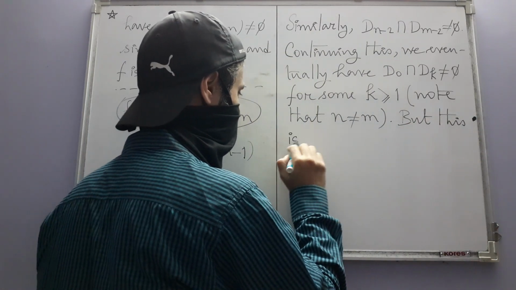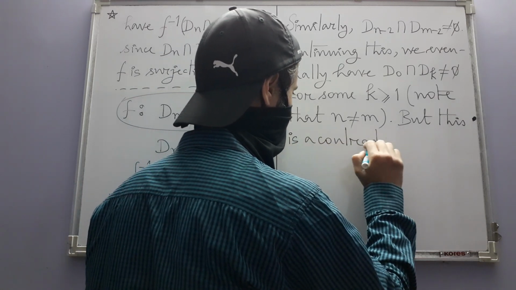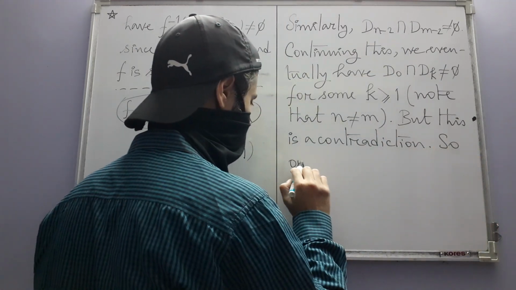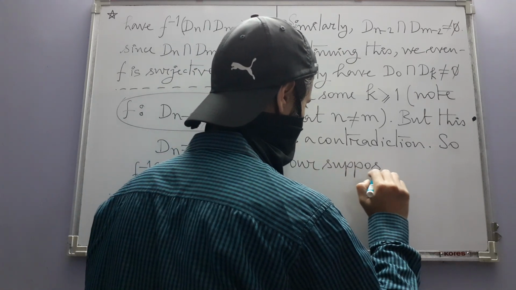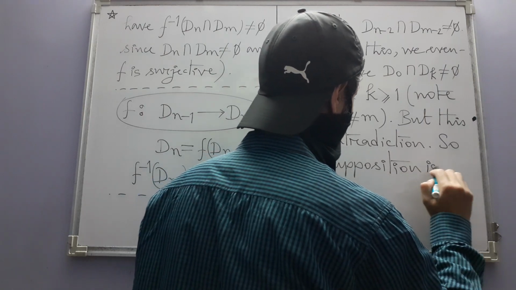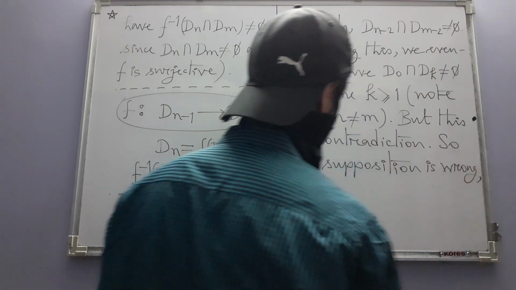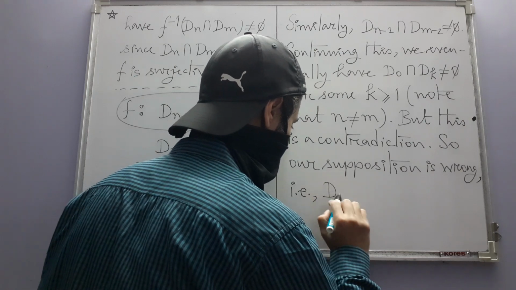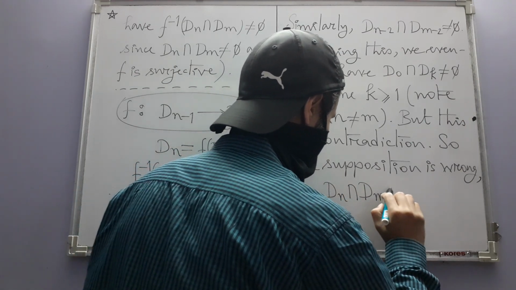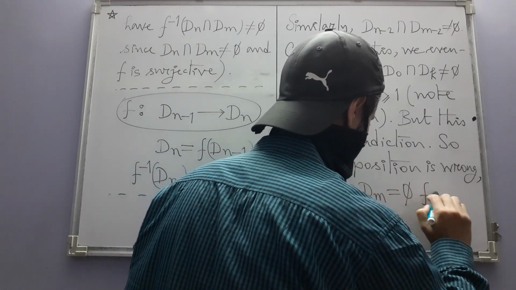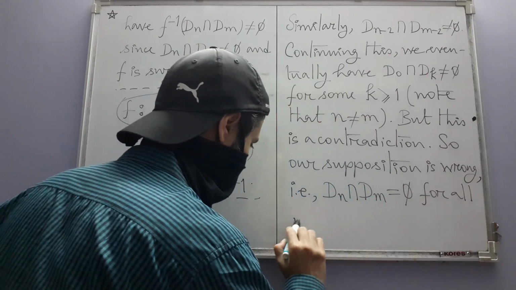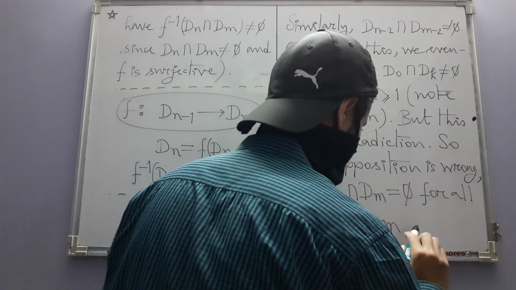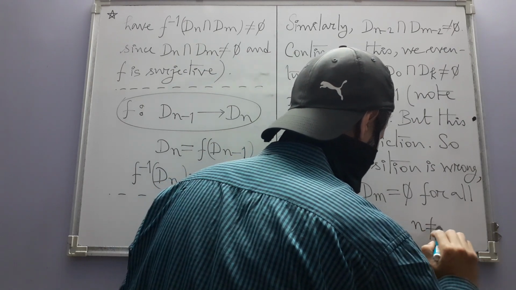So our supposition is wrong, i.e. these Dn and Dm, all such intersections also will be empty for all positive integers n and m that are distinct.